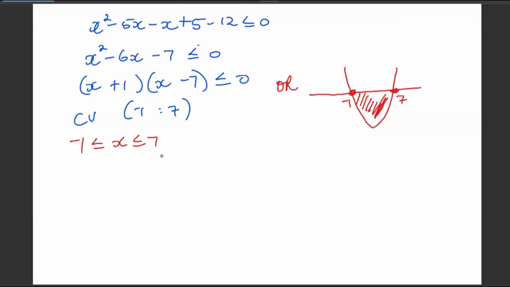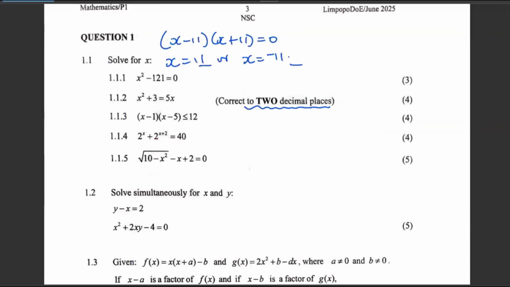And then 1.1.4. This is an exponential equation. With exponential equations that have plus or minus, we need to factorize. So let's take the 2 to the x out. We're going to be left with a 1 here, plus you're going to be left with 2 squared, which is a 4, should give us 40.